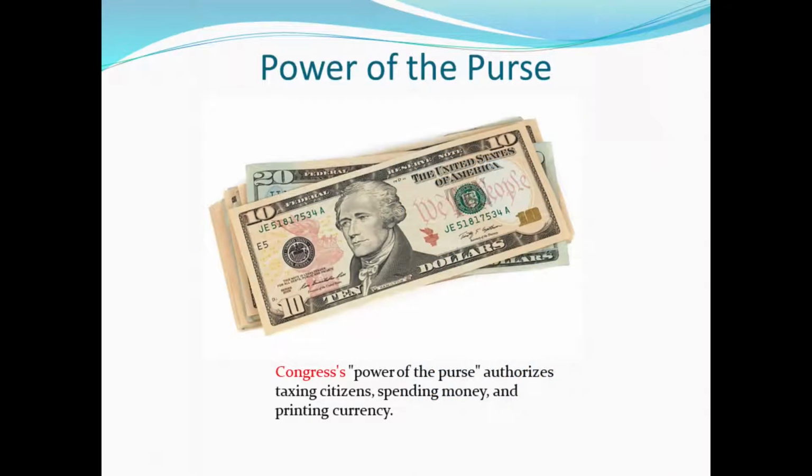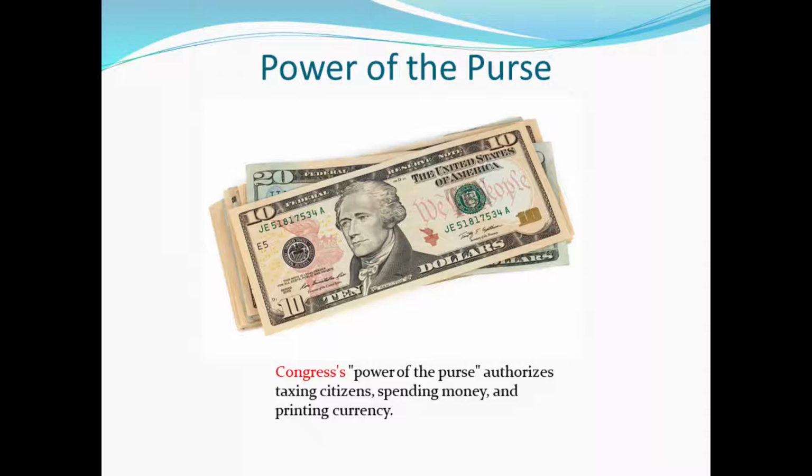The next slide, power of the purse. Power of the purse is a way of talking about Congress's power to authorize taxation of citizens, the spending of money, and the printing of currency.